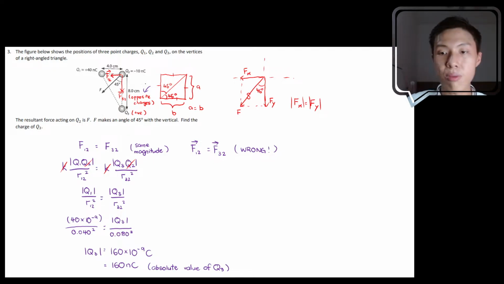So let's try to write something to justify the sign of the charge, whether it's a positive charge or a negative charge.